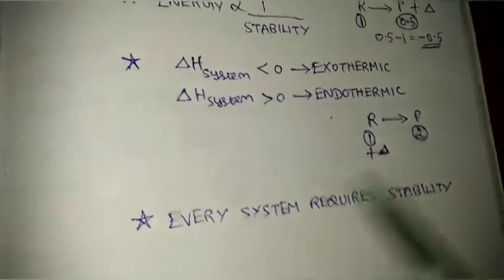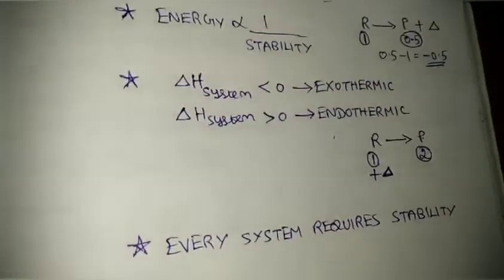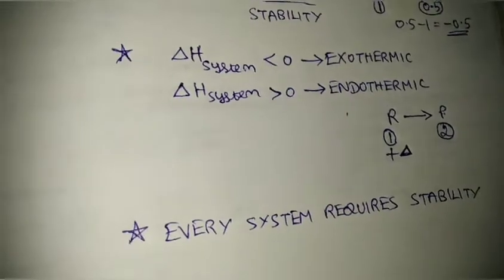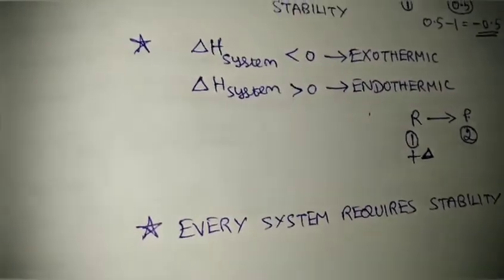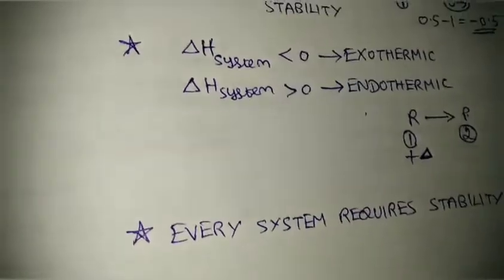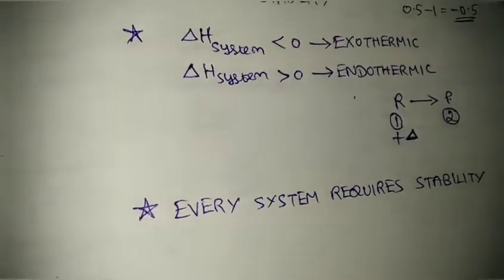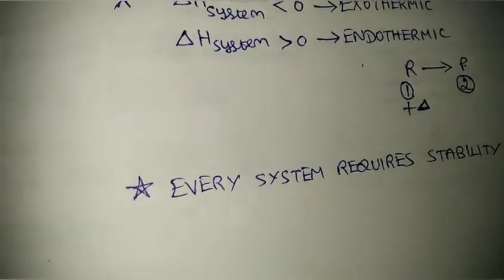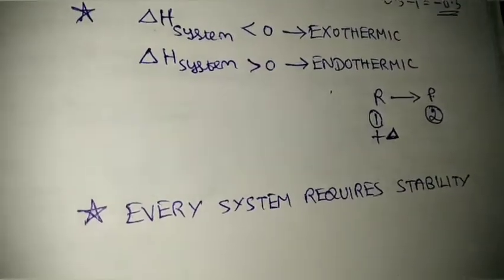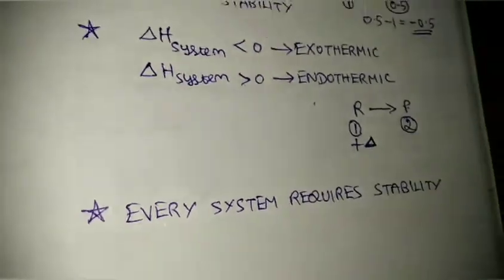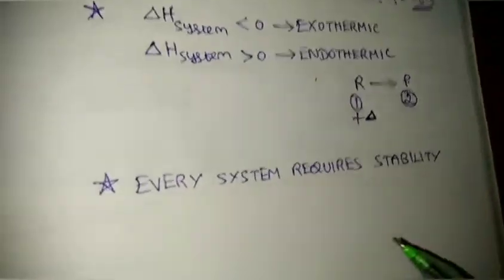Take the example of humans only. You would not love to always run, or to sit continuously for an hour. Obviously, you would love to sit in a place, which means you're stable enough and your energy content is very, very low. It means molecules also behave in the same way.